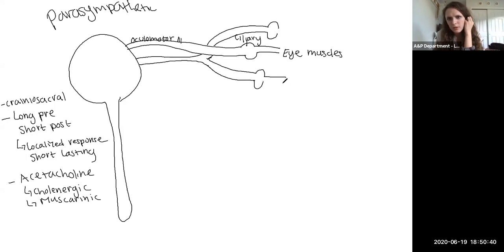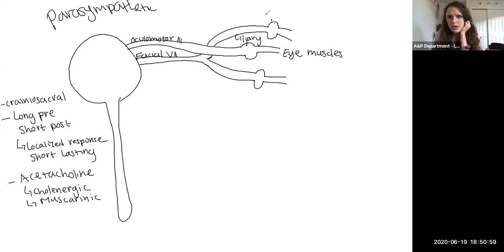Sorry, guys. I can draw a lot faster on a whiteboard. Okay, so this is facial nerve 7. You don't need to know the numbers, just know what they're called. Your facial nerve has 2 ganglia associated with it because it branches.